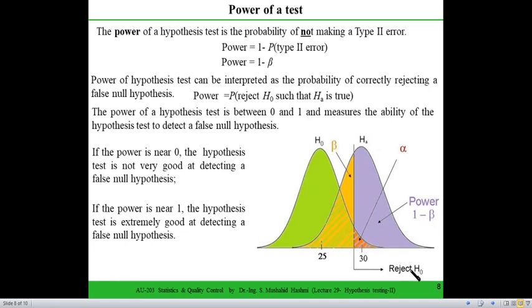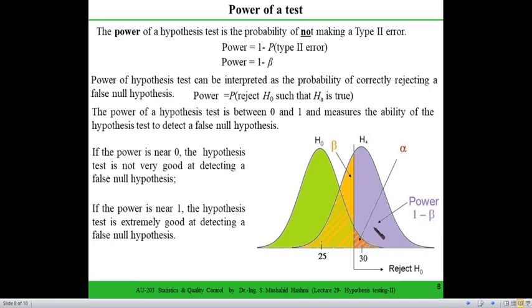So the power of a test brings up a certain number. If this number is close to 0, it means this 1 minus beta value is very small, so your hypothesis test is not very good at detecting a false null hypothesis. If it is close to 1, it means a bigger area, and your hypothesis test is extremely good at detecting a false null hypothesis.